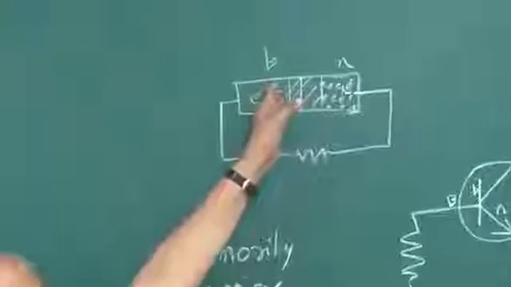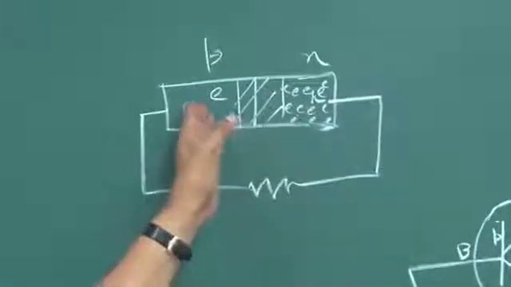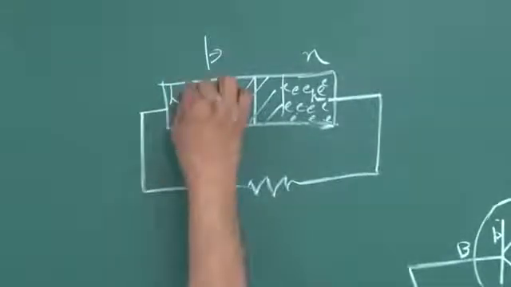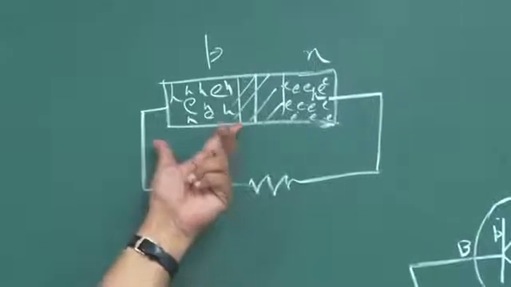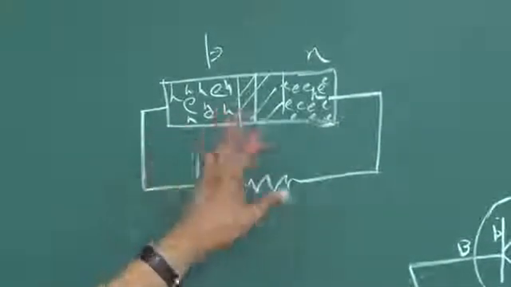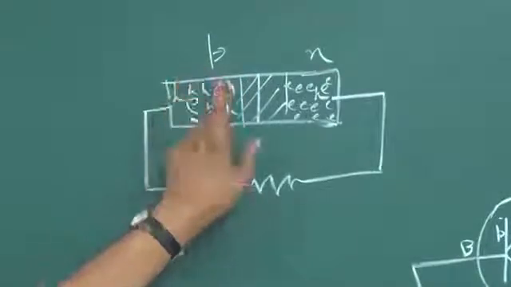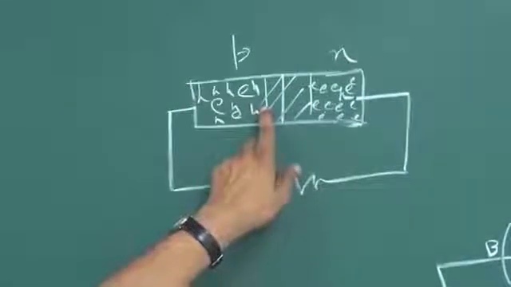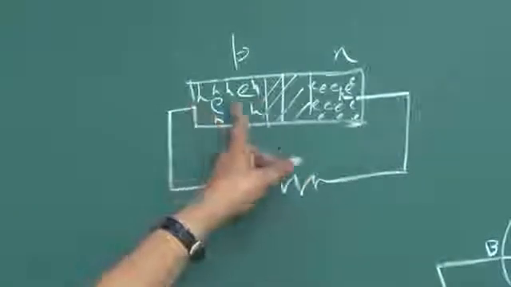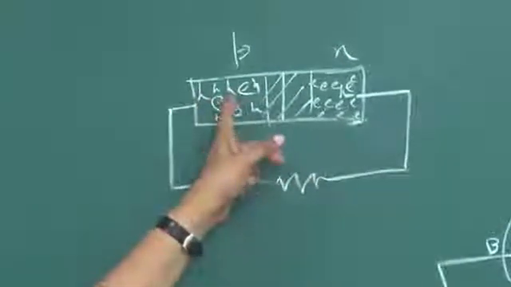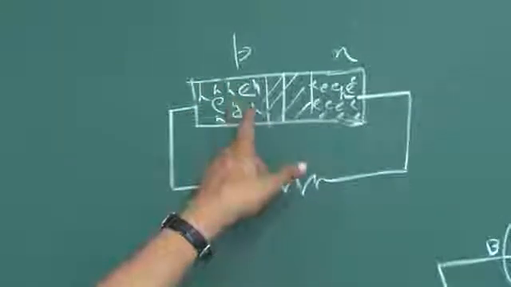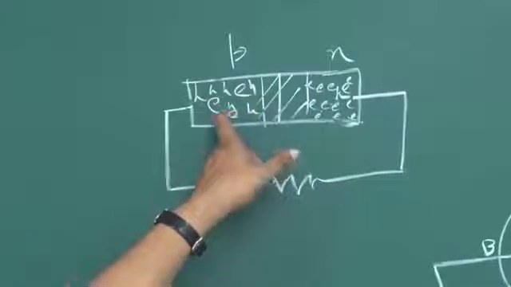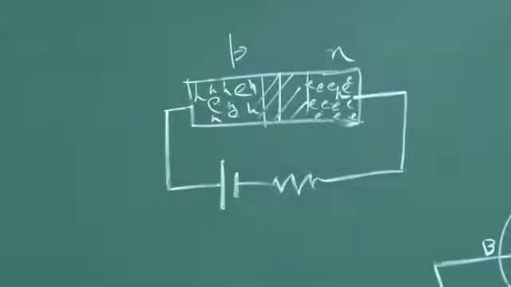And what do these electrons do? Here you have a large number of holes. So, if this length is sufficient, if this space is there, if the electrons take considerable time traveling from this to this, in between many of them will recombine with the holes here. They will combine with the holes here, and that electron hole pair will vanish.